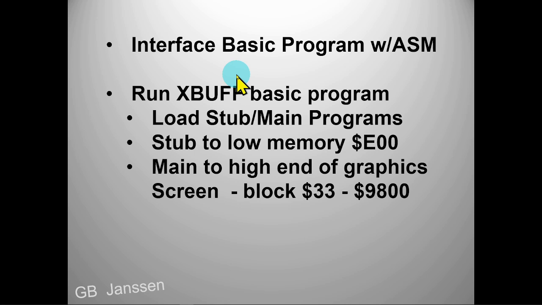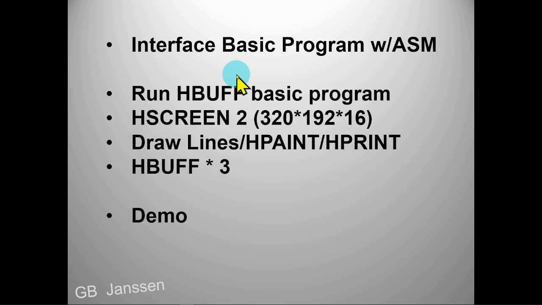Our main program is going to go to the high end of the graphics screen, block 33, up at hex 9800. And I chose that for a very specific reason. It's something you normally wouldn't want to do, but it will give you an opportunity to see other ways of doing things. The second program was HBuff, the main BASIC program we're going to be running.